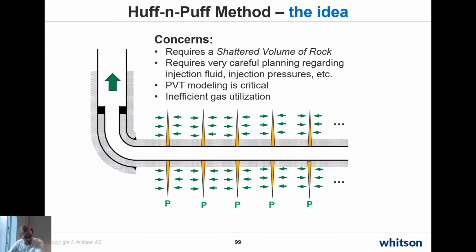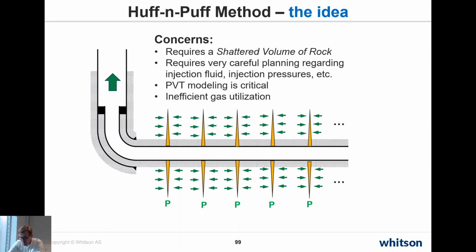At least we haven't maybe convinced you of that yet, but what I hope to convince you all of is that to really have an efficient huff and puff scheme, you need to have created what we call a shattered rock volume.